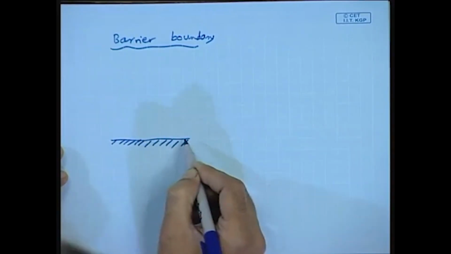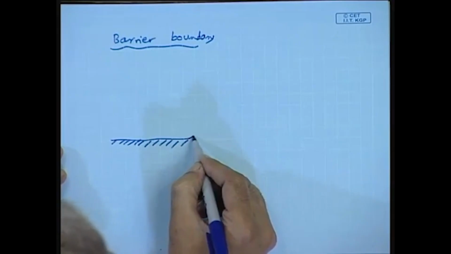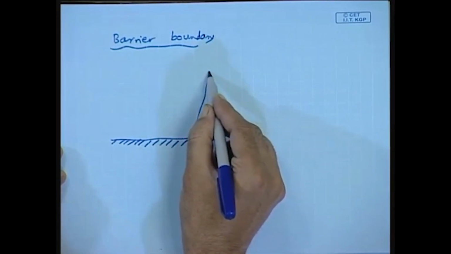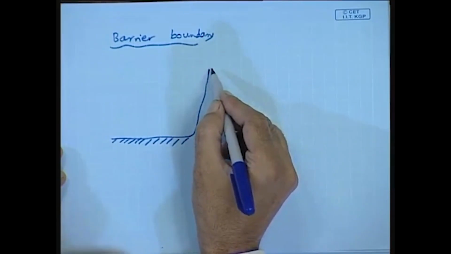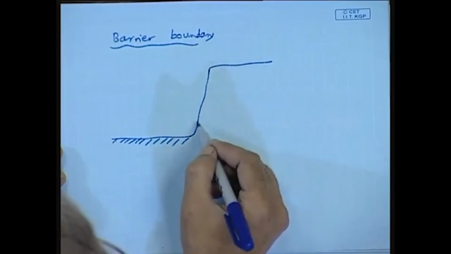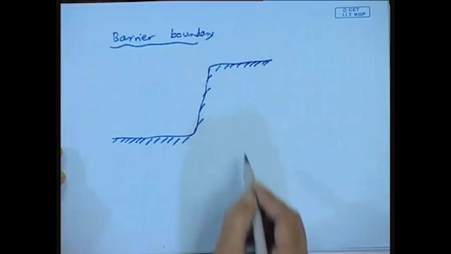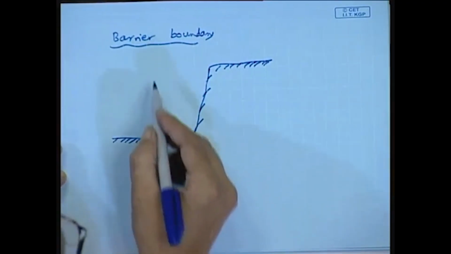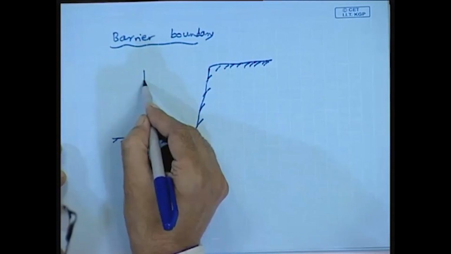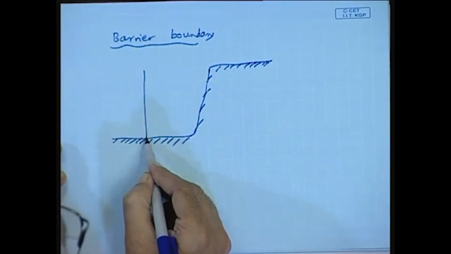So this is the barrier boundary, and here we have a pumping well or a discharging well.